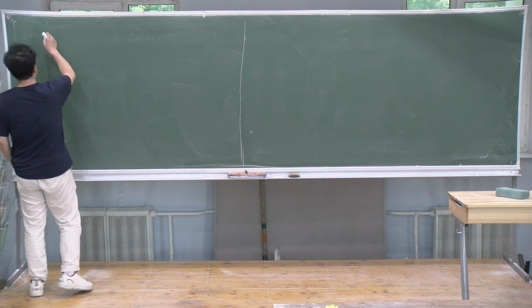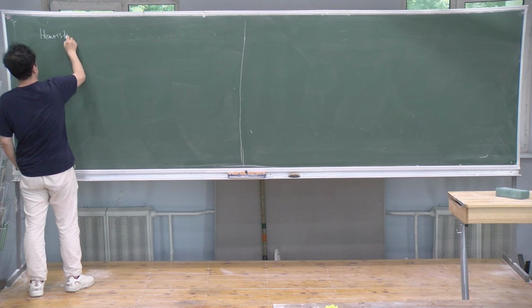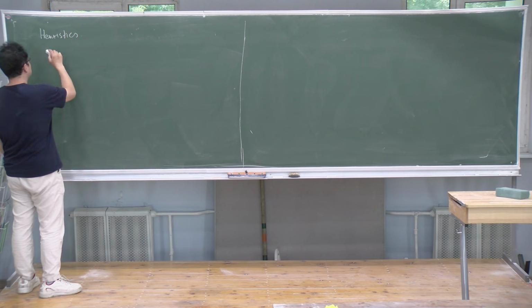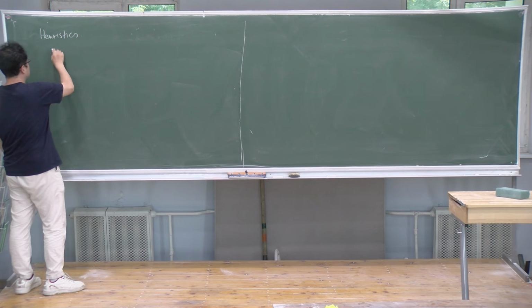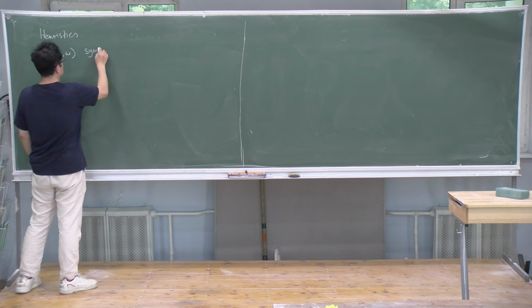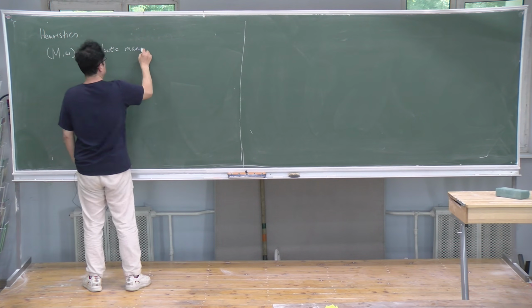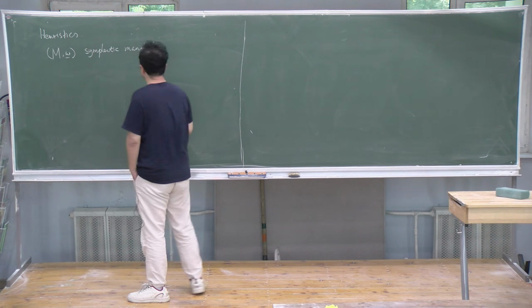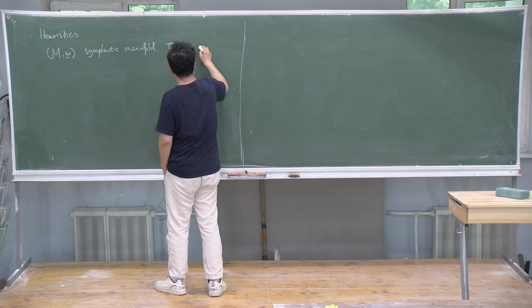Yeah, let me start with some heuristics. The first one is a little bit of differential geometry or symplectic geometry. Let's say you start with a symplectic manifold, with a symplectic form, and we assume pi 1 of M is trivial.